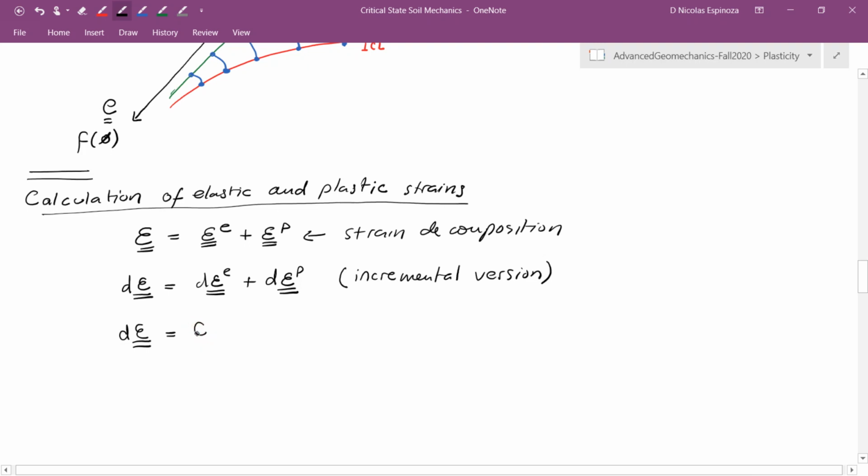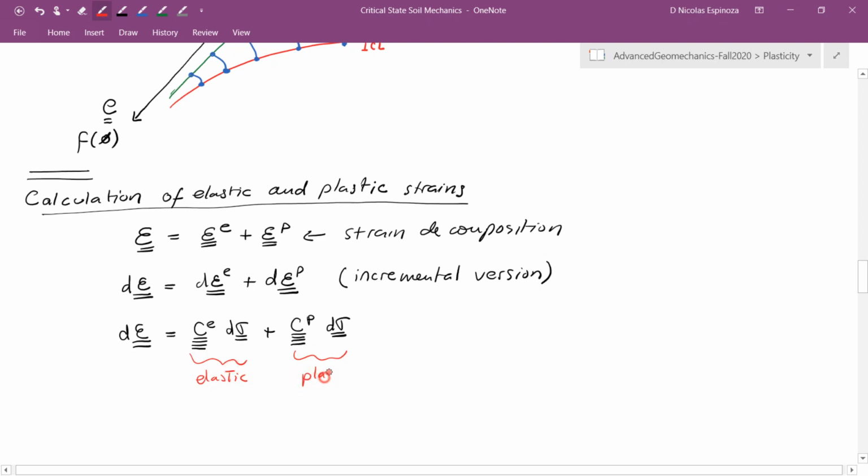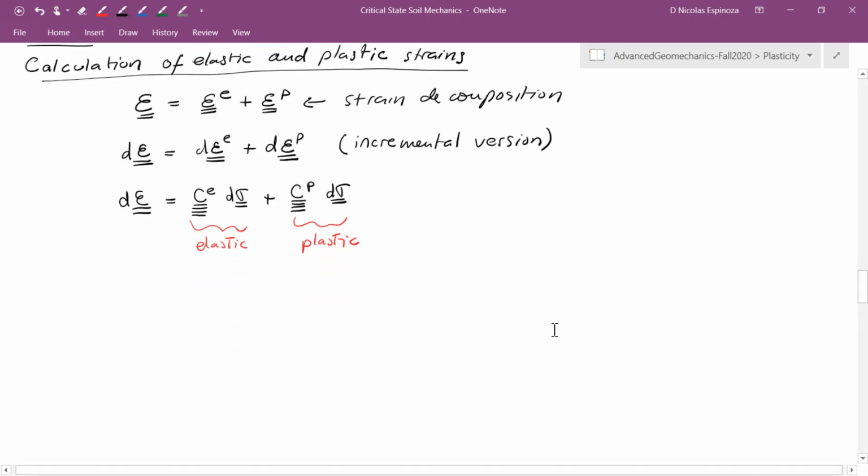Basically, this is going to be a stiffness matrix, and we're going to have an elastic stiffness matrix, and also we're going to have a plastic stiffness matrix. So with those two, now we're going to be able to calculate that total strain, including the elastic part and the plastic part. All right, let's get started with that, and we're going to start with the elastic strains.